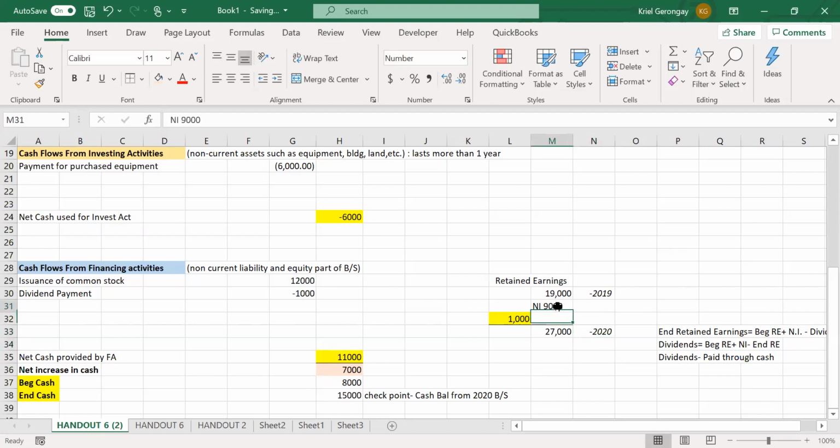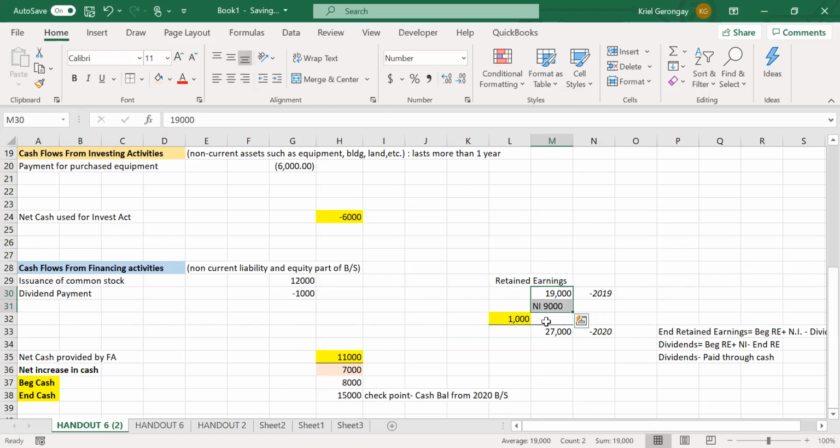And so when calculating this ending retained earnings, you have to account for the net income, right? So from the income statement, your net income is 9,000. And so these two amounts here total 28,000.